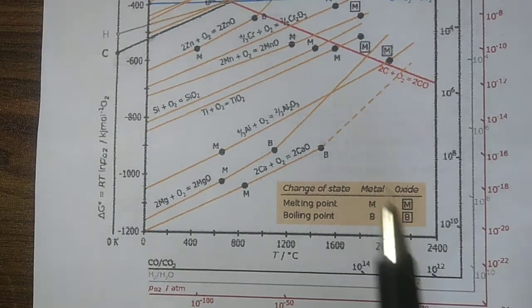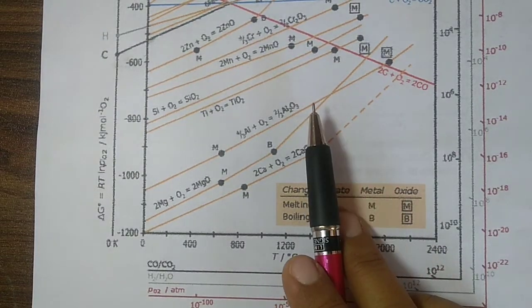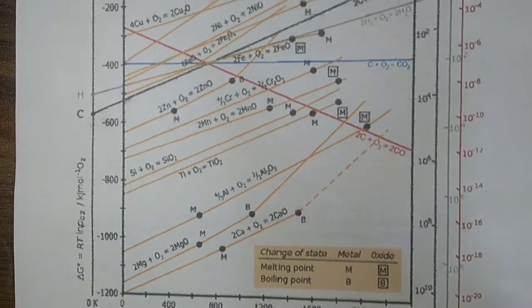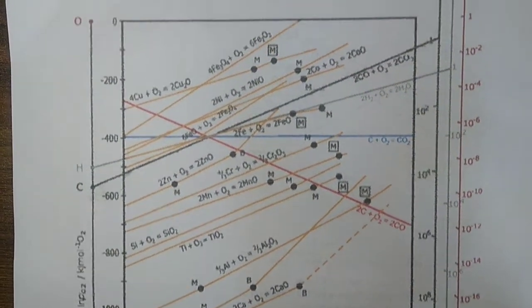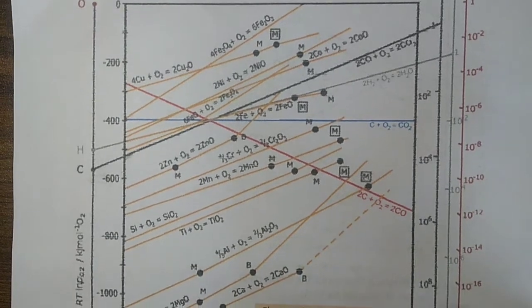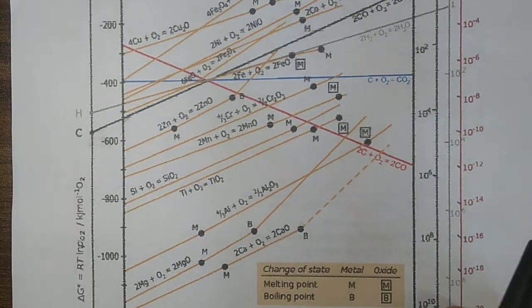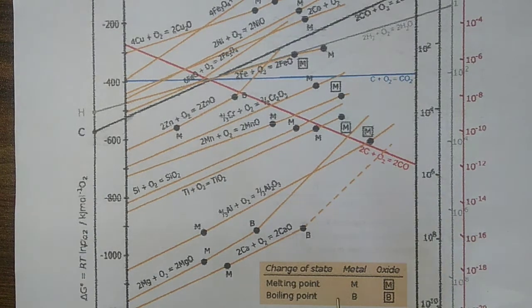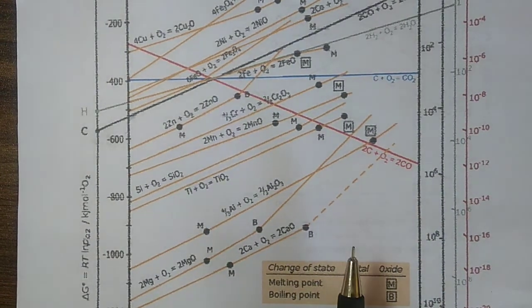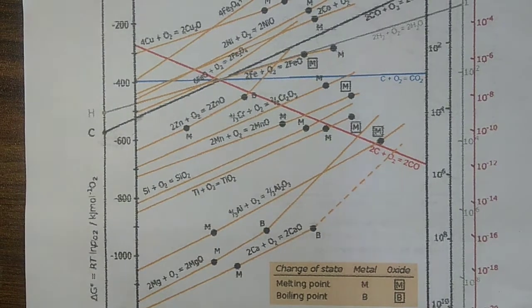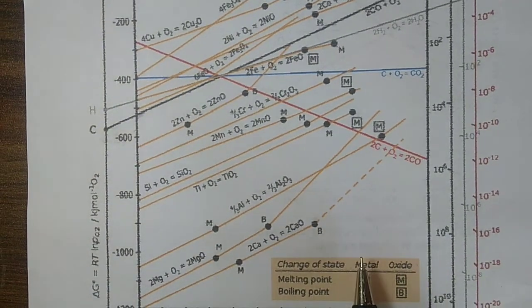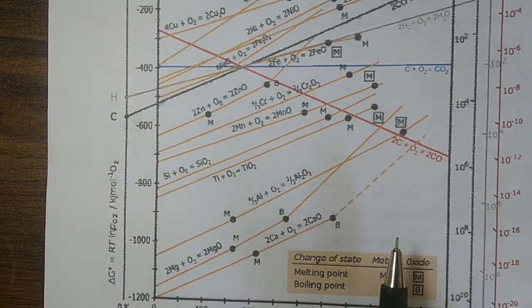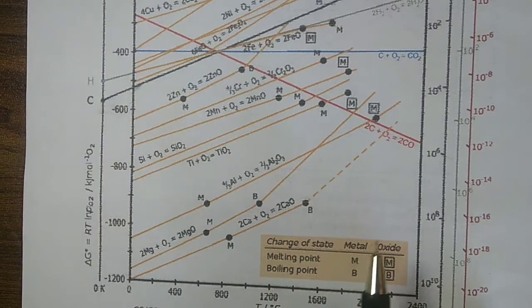This type of diagram is very much useful in predicting the feasibility of thermal reduction of an ore, and to select the appropriate reducing agent in the reduction of oxide or sulfide ore.